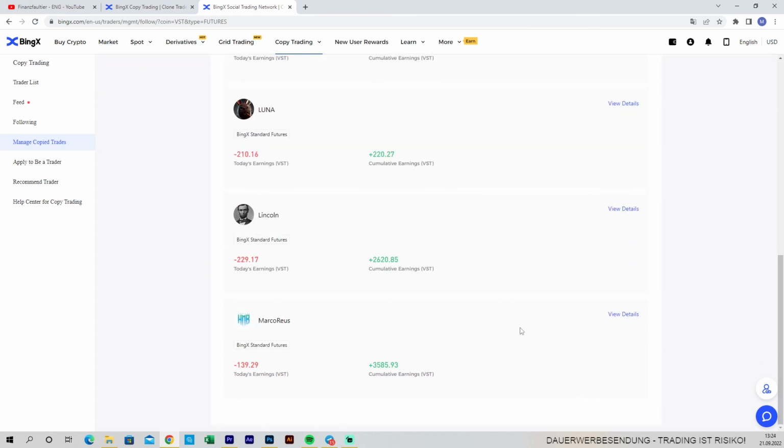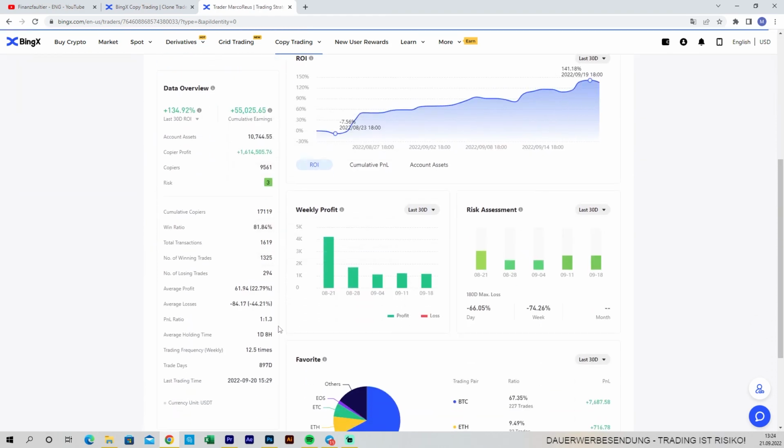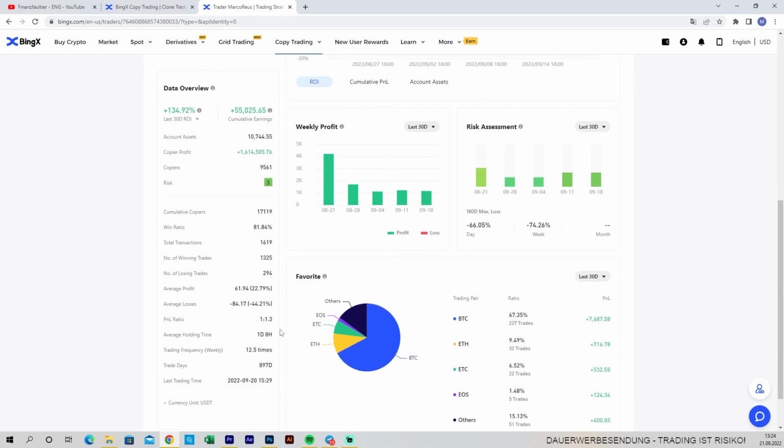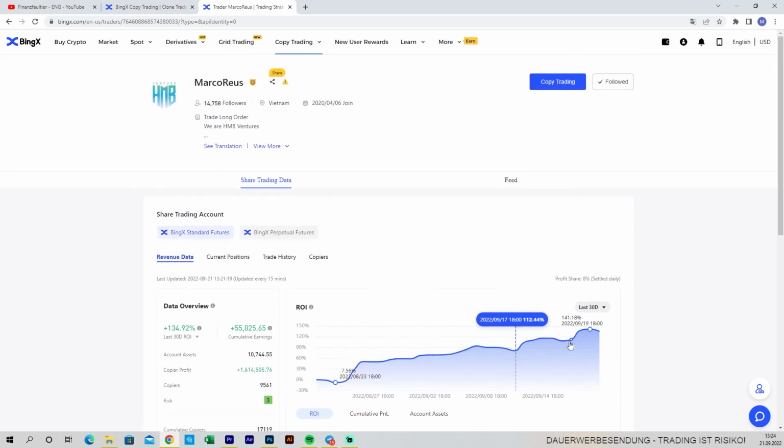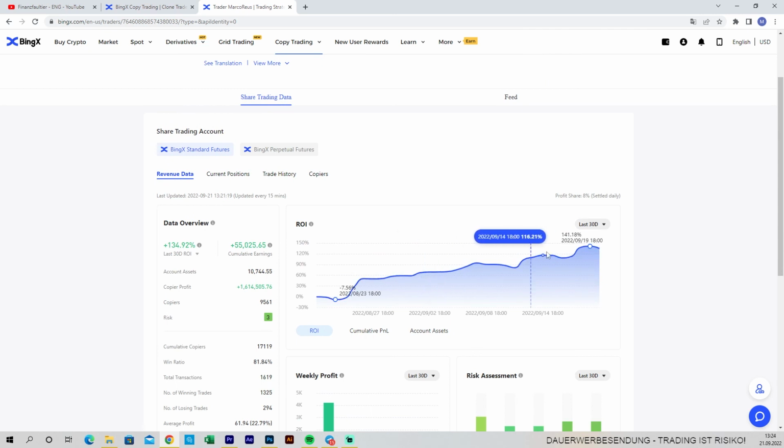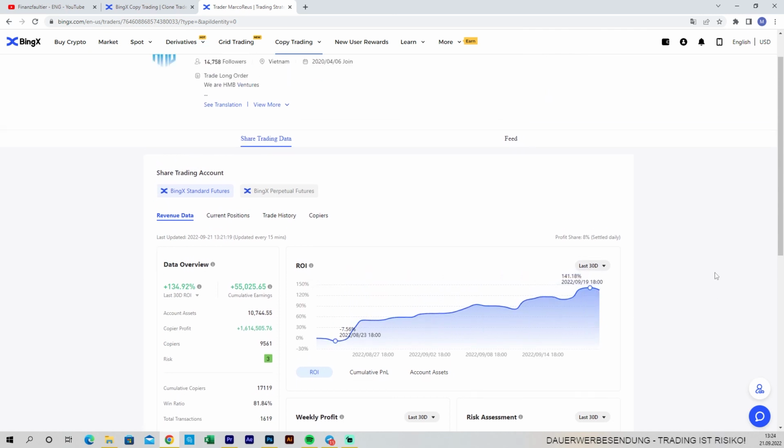So all those trades are still open. When you go back to Marco Reus' page, you see that his trades' average holding time is 1 day and 8 hours. Those are his last 30 days. So very nice uptrend, obviously. But that's basically the setup.